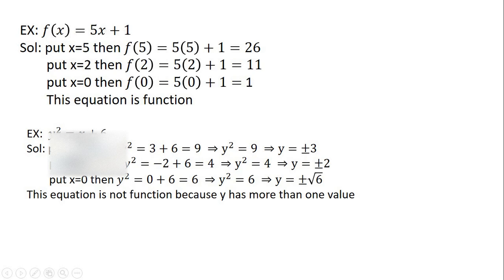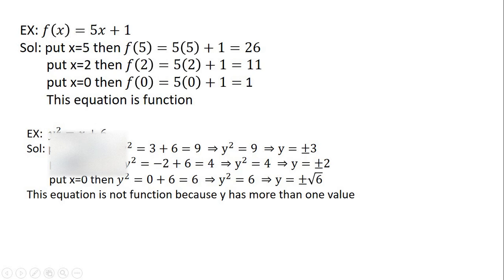y square equals x plus 6. x square plus y square equals x plus 6. This is not a function. This is a relation, because when we take the square root on both sides, we get y equals plus or minus the radical of x plus 6.